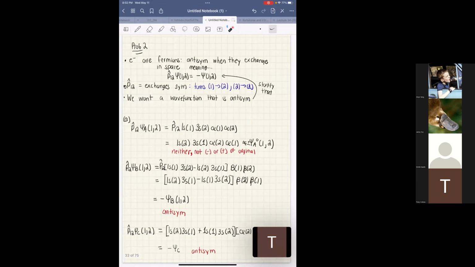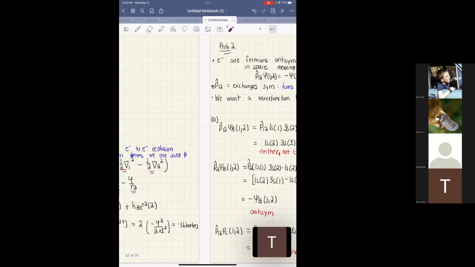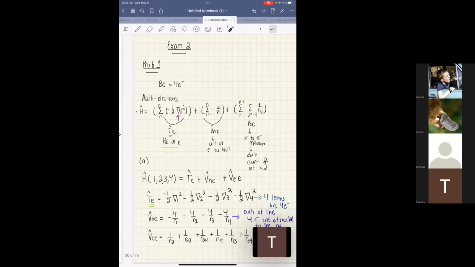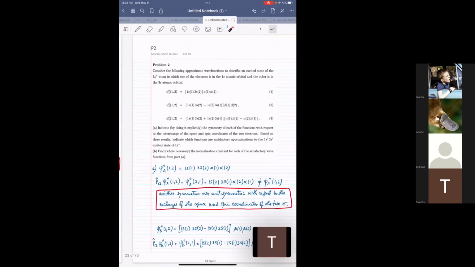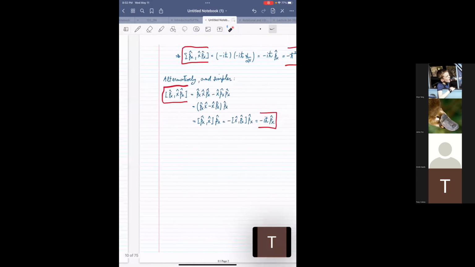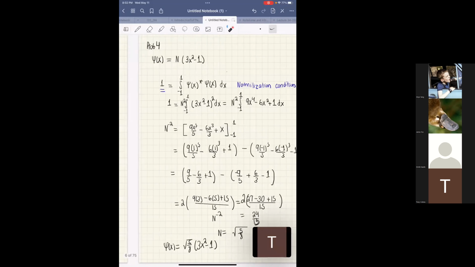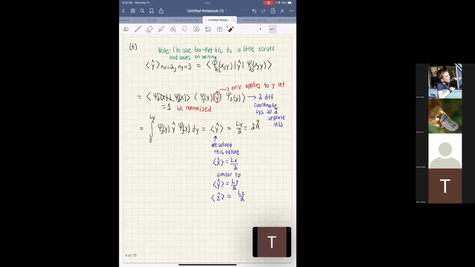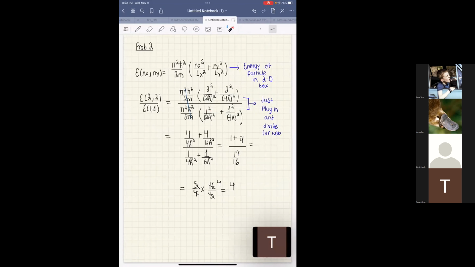Is it the eigenvalue problem? The particle in a two-dimensional box, right? Yeah, this one. All right.